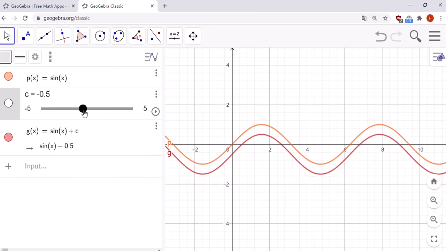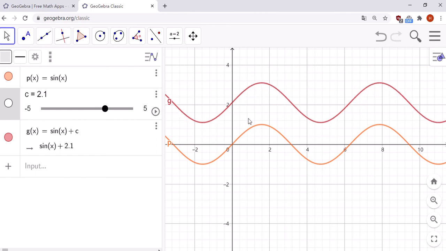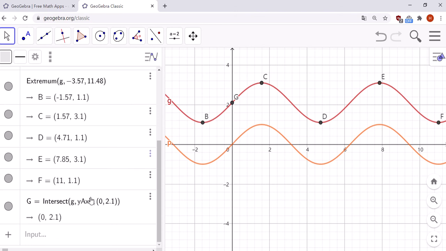If C is more than 0, like 2.1, it just moves up 2.1 units. Okay, and then we can see this special point. C is 1.570, 3.1, and D is 4.71, 1.1.